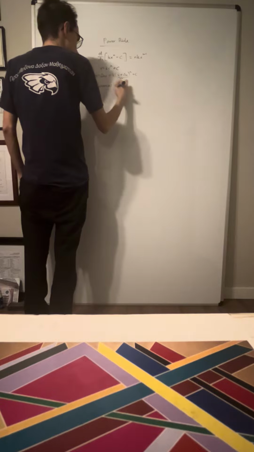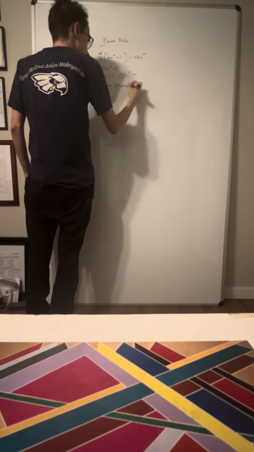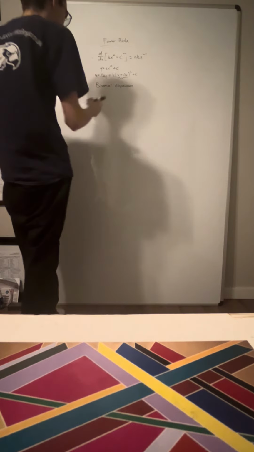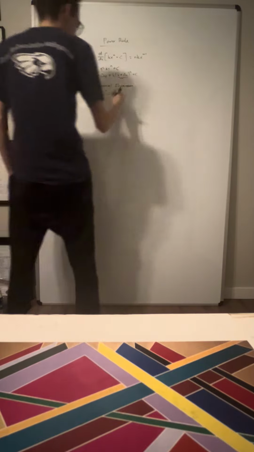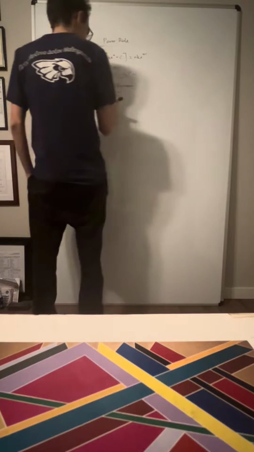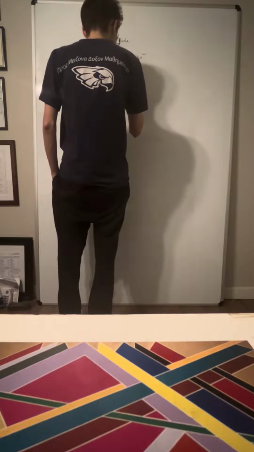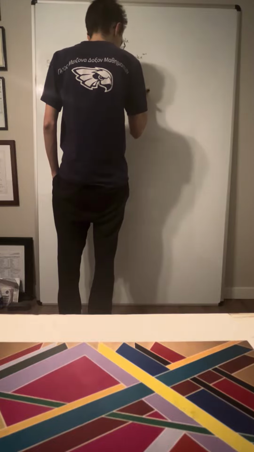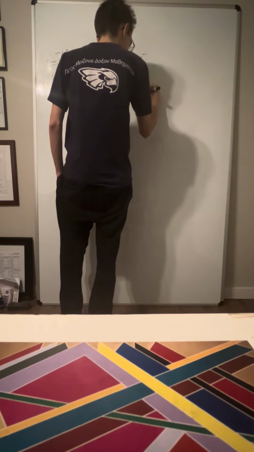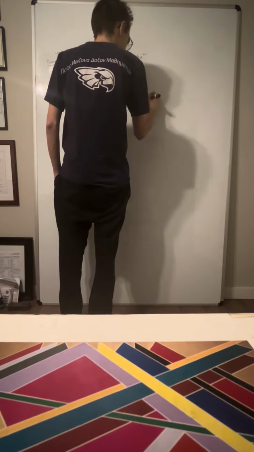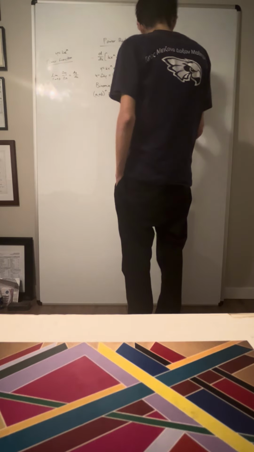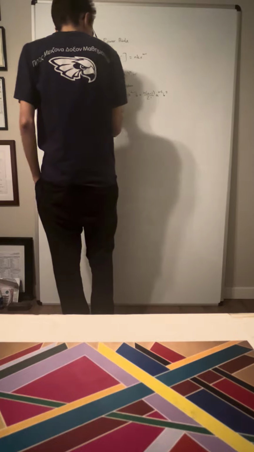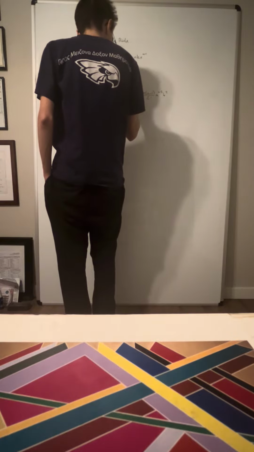So binomial expansion, if you saw my other clip, then you would know that taking the binomial expansion of some a plus b to the power of n is going to yield us a quantity of a to the n plus some n times a to the n minus 1 times b plus n times n minus 1 divided by 2 factorial times a to the n minus 2 b squared plus some n times n minus 1 times n minus 2 over 3 factorial.